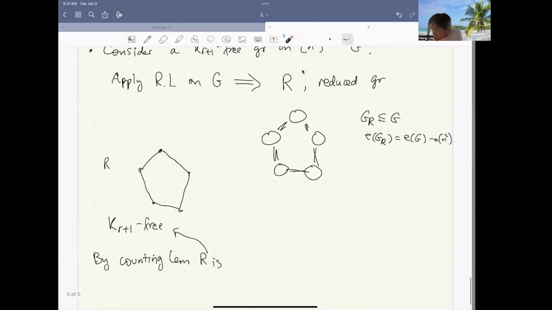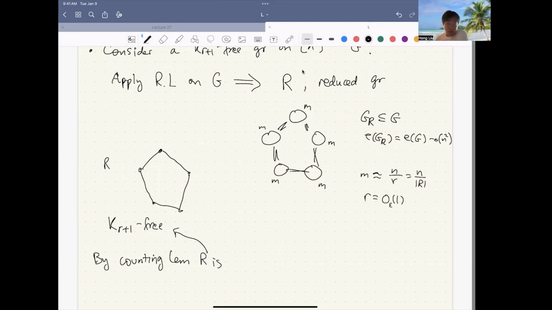Now we're going to do the following. Instead of this time looking at G_R, we're going to blow up the reduced graph R. We know that each part is of size m, where m is roughly n over R, and R is the number of vertices in the reduced graph. Remember, R is a constant number that depends on epsilon and little m.